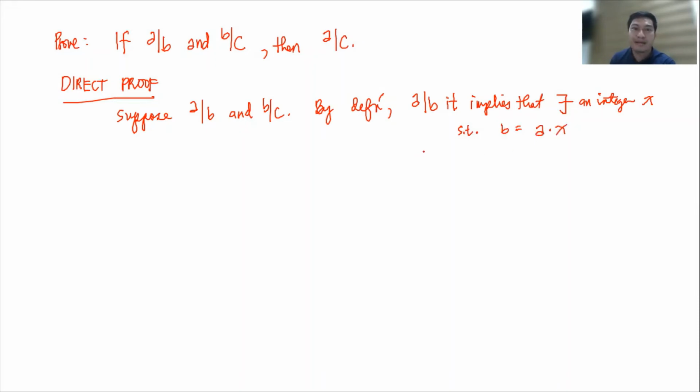In same manner, if we have B divides C, it implies that there exists an integer y such that C is equal to B times y.